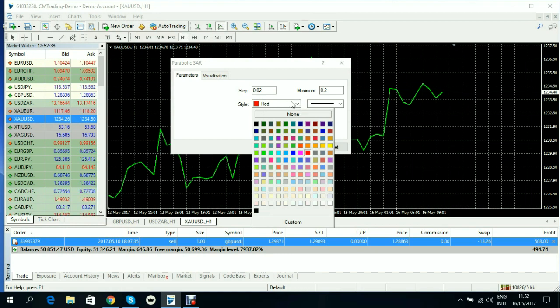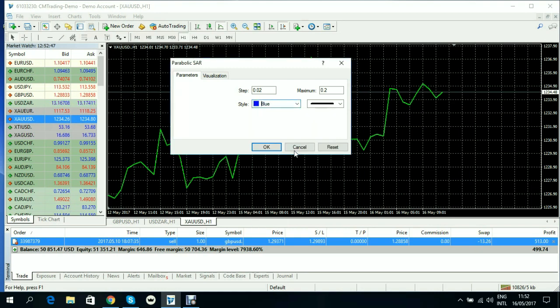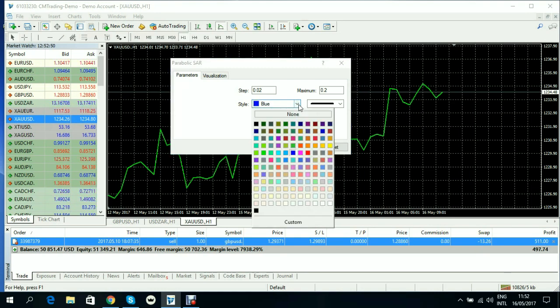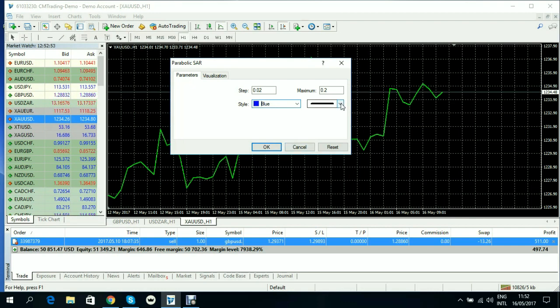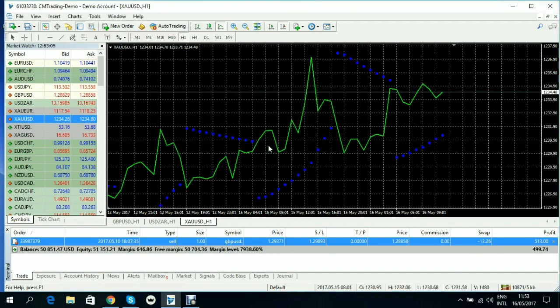Anytime you see style on the MT4, it represents colors, so you can choose the color that you so wish, and here you can increase the font of the parabolic, and then okay, then here we are. So this is how we get the parabolic onto the chart for our analysis.